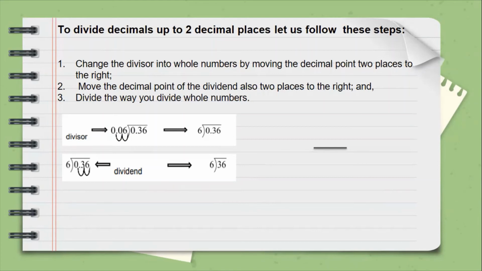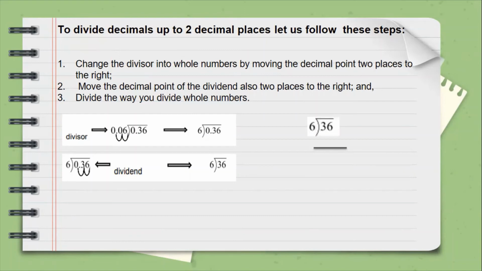Again, before we divide decimals, we need to first move the decimal point of our divisor to the right and make it a whole number. After we move the decimal point of our divisor, we need also to move the decimal point of our dividend. And once it's done, then we could start dividing.